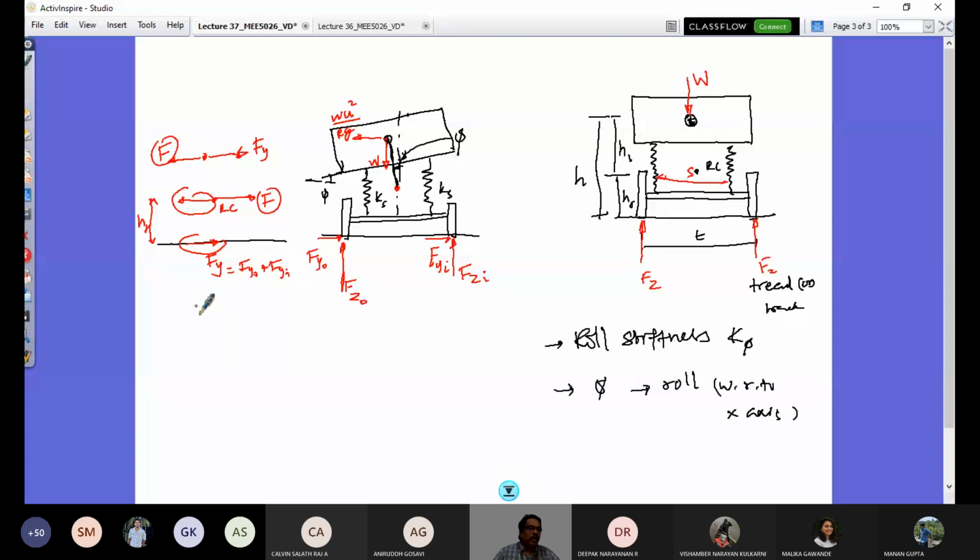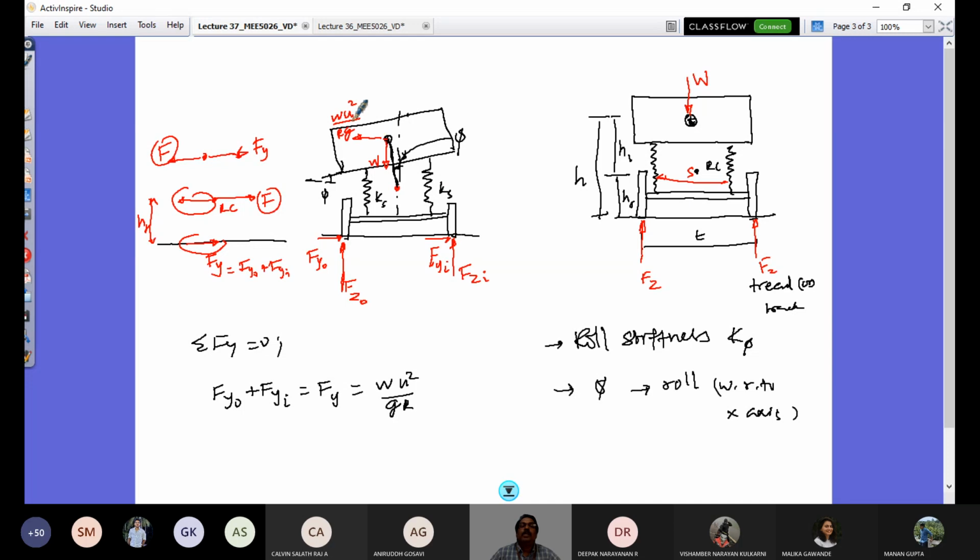So now let us write down this equation. So what is the first equation? First equation is in y direction, sigma Fy equals 0 when I write. That's very clear. Fyo plus Fyi, which is total Fy, and that would be equal to W U squared by GR.